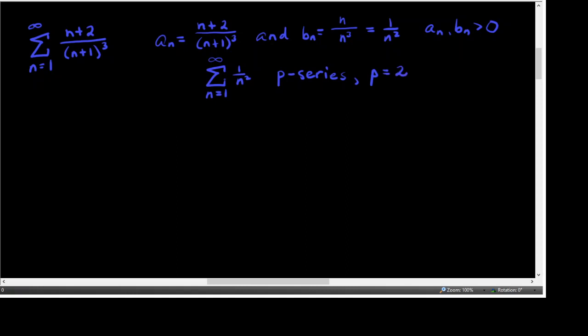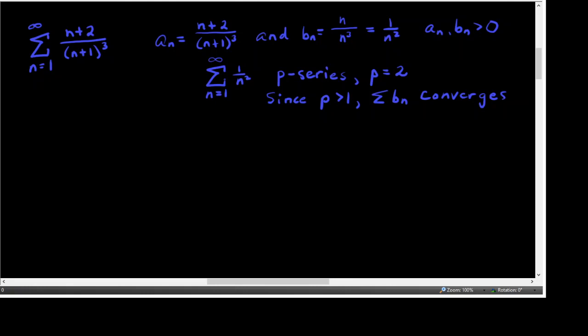And what's the value of p? It's 2, right? So since p in this problem is greater than 1, what does that mean about the series? Well, it means that sigma b sub n converges. All right, so we've established the convergence of our series that we're comparing to.